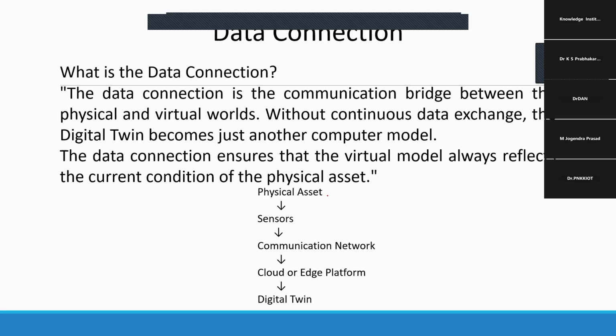Okay. So now let's move to data connection. Data connection is basically what continuously synchronizes the information between the physical and virtual world. When these three components work together, the digital twin becomes a powerful tool for real-time monitoring and performance optimization.